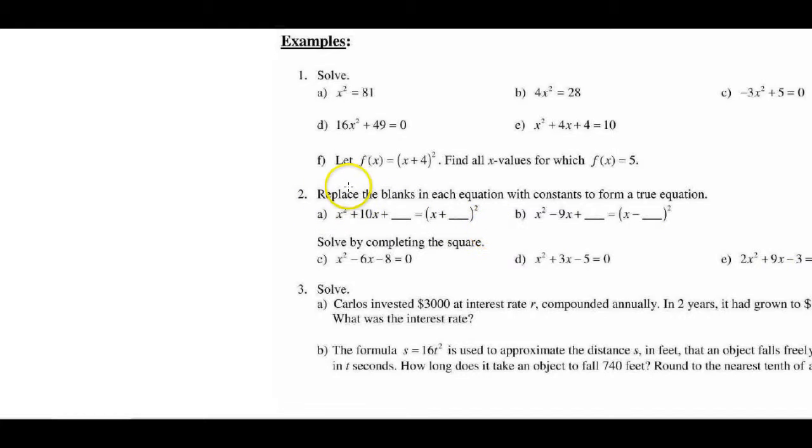Going on now to example D. Let me write it out for you. 16x squared. Now I'm going to take that 49 and bring it over to the other side.